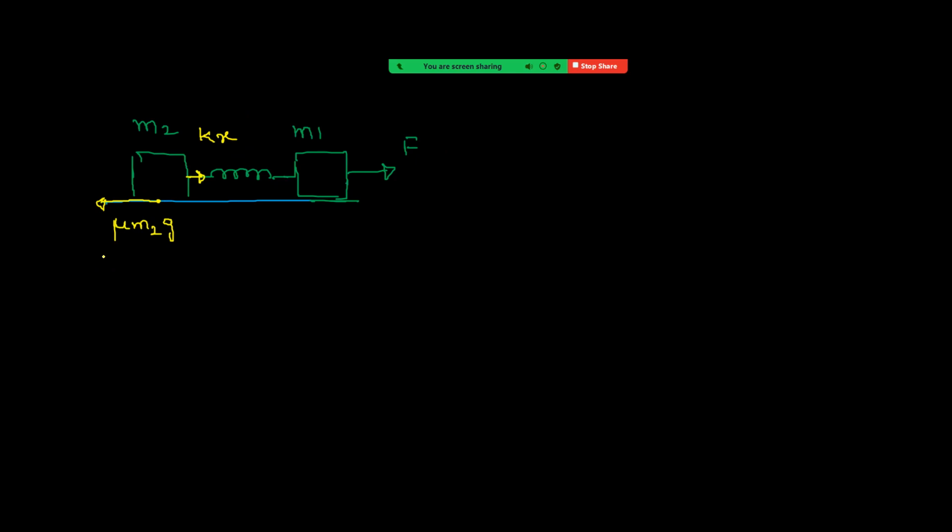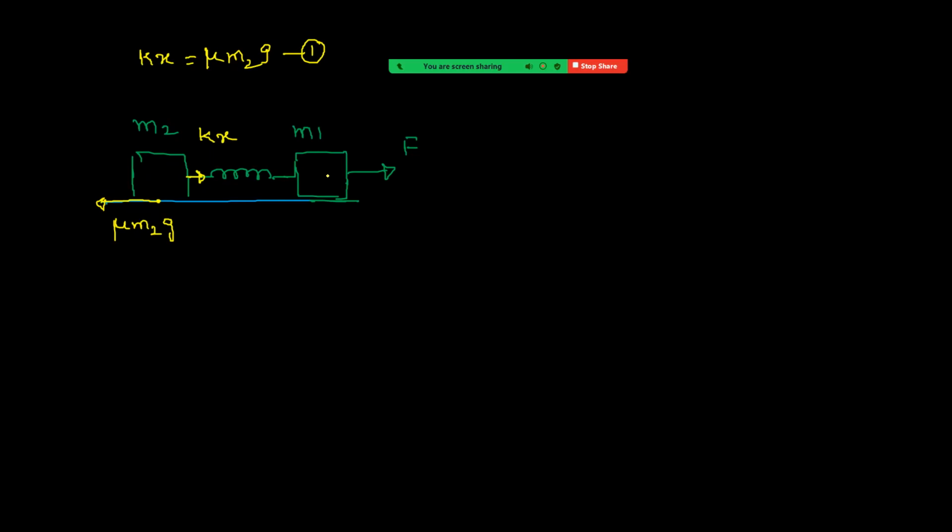So the first condition: kx should be equal to mu M2g. This is condition one. So now we get a conclusion that when this block is about to move, the other block should come to rest temporarily.